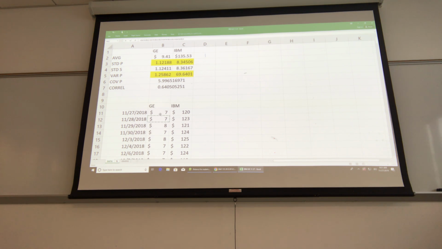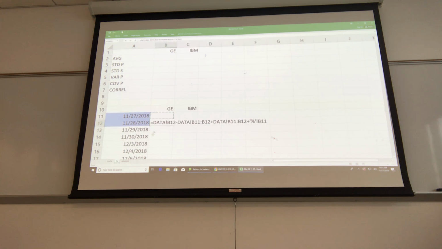This is B12 and this is B11. We go here and we take data. Do you see what I have? So what do I have? I have go to the previous sheet, data. That's the way I named it.